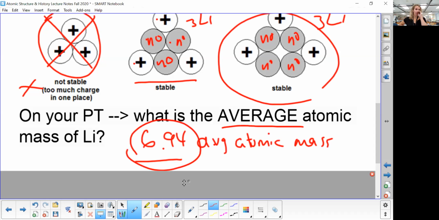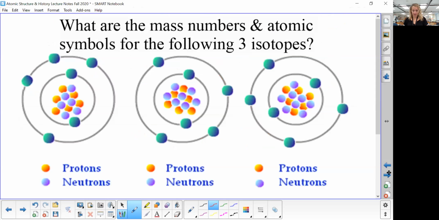So that's why you can't look at the periodic table and get the mass of any one atom of lithium or anything, but you can get the average. Because if you were to have a hunk of lithium or a hunk of any other element on the periodic table, it would have an average mass because the ratio of the isotopes of any one atom is pretty much set.